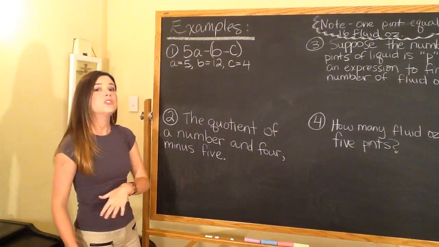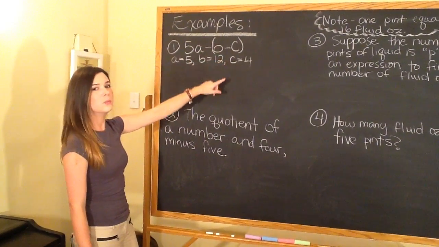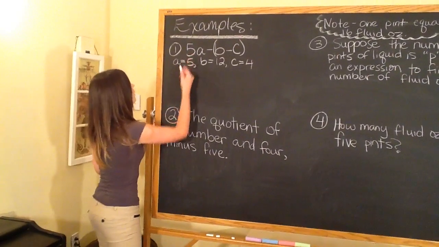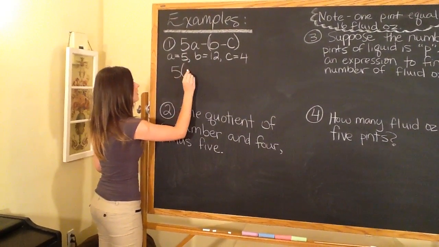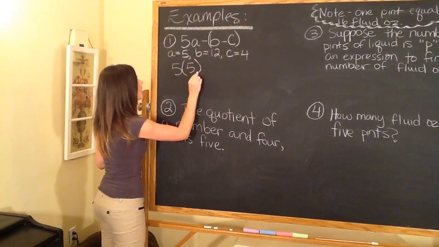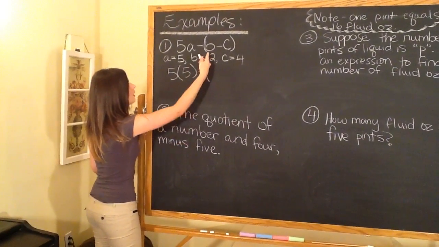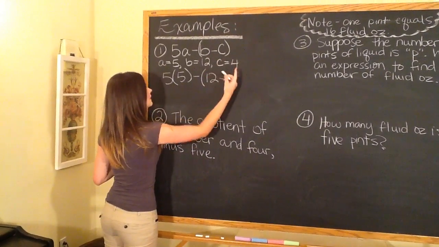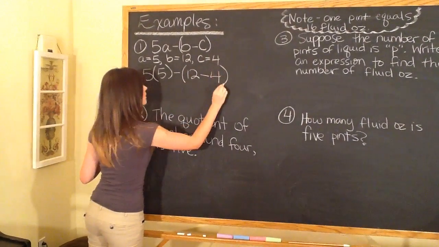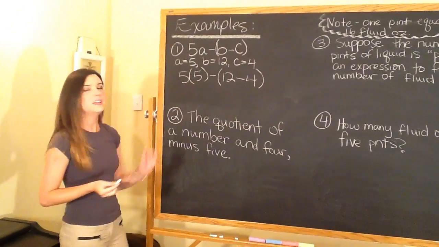Let's substitute these variables with these numbers. So we have 5 times 5, because A equals 5, minus B, which is 12, minus C, which equals 4. Once we solve it, that will be our answer.